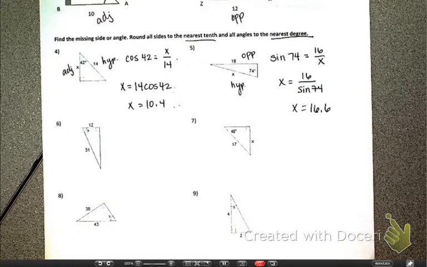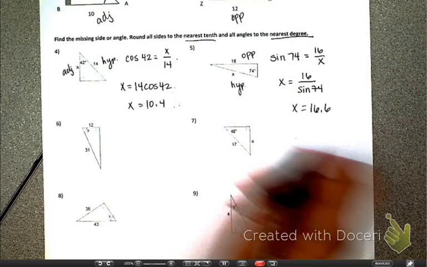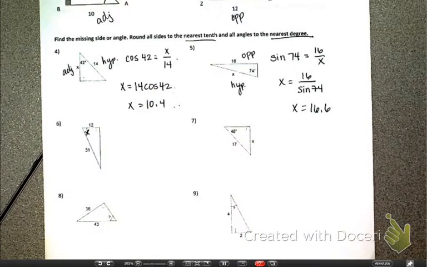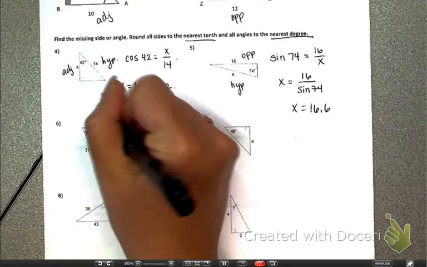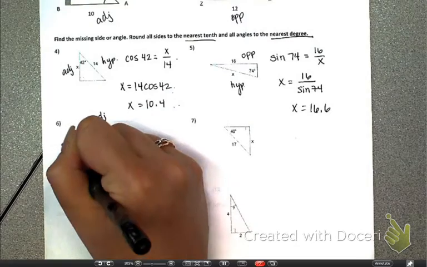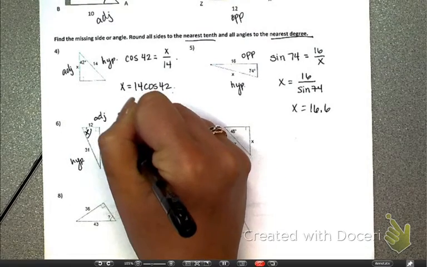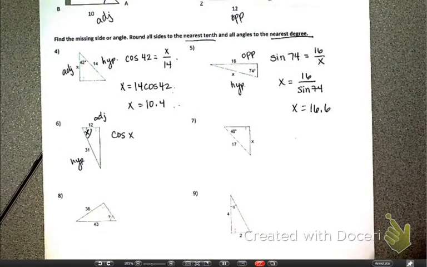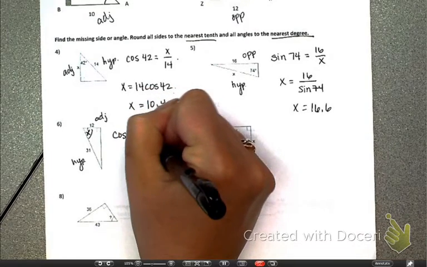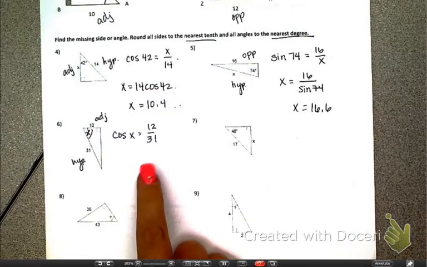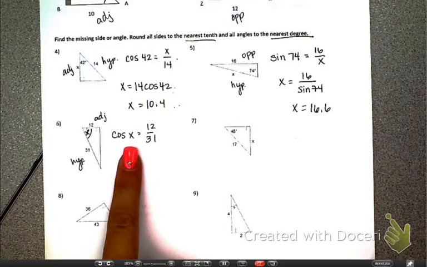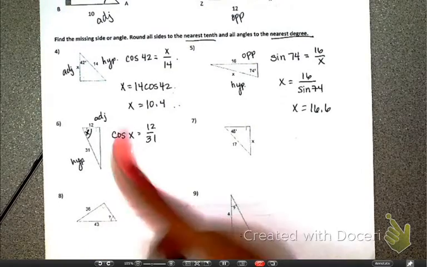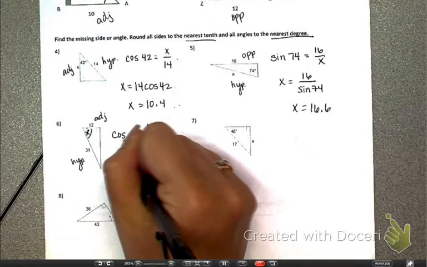Number 6, what am I solving for? An angle. I'm looking for this question mark. I'm going to replace it with an X. So I have the adjacent and the hypotenuse, which is cosine. So the cosine of X equals the adjacent over the hypotenuse. Because I am looking for an angle, I'm going to use my inverse trig function.